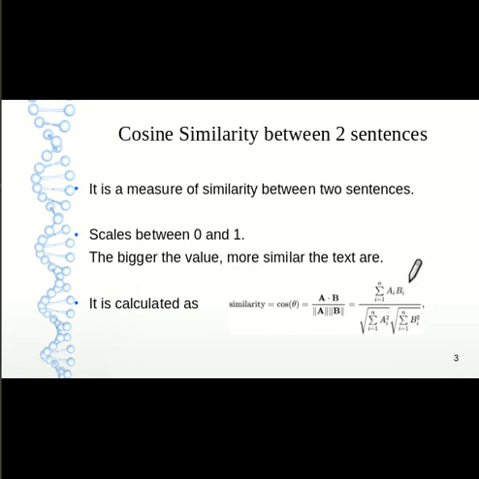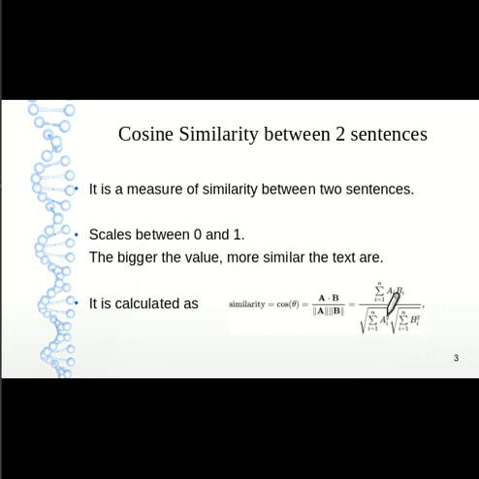That is the numerator. Now when we come to the denominator, there is a slight difference. In the numerator we took the words which came in the intersection, but in the denominator we take all the words irrespective of the intersection. So in A we have all words in sentence A, and in B we have all the words in B. We are not considering the intersection.